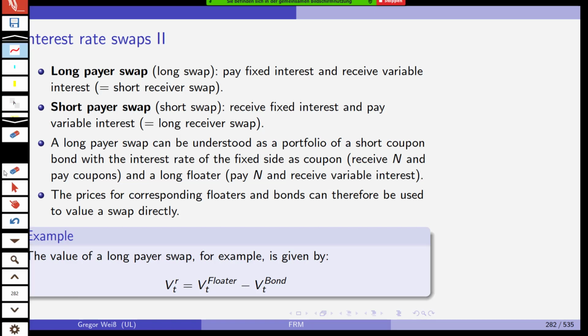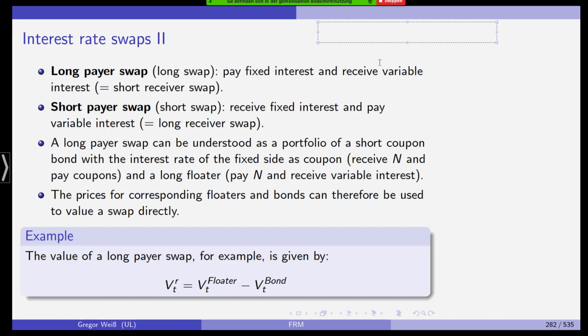So what happens is, if we think about the valuation of such a swap contract, we could simply say, okay, we get K, and 100 plus K, and let's make that F for fixed. And we go short in a floater, variable, minus V. What you can now see here is a bit easier to see.